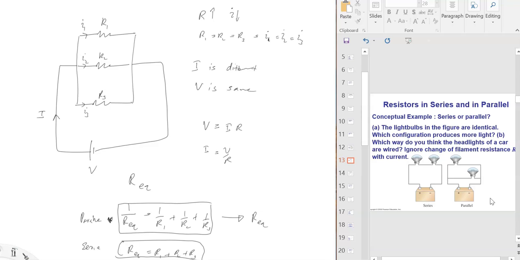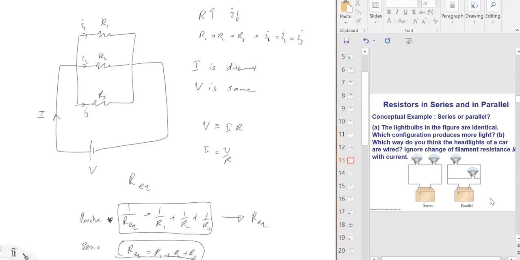Conceptual example, series or parallel. The light bulbs in the figure are identical. Which configuration produces more light? Which way do you think the headlights of a car are wired? Okay. Ignore the change of filament resistance R with current. Well, let's assume that the resistance does not change regardless of what current is going through it.